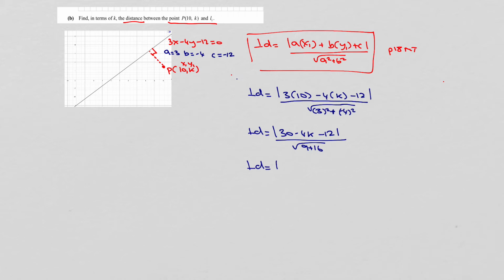So therefore that's going to be 18 minus 4k. And again, we have our modulus sign there because it's always going to be the absolute value. Can't have negative distance. And of course we have the square root of 25, which is 5.